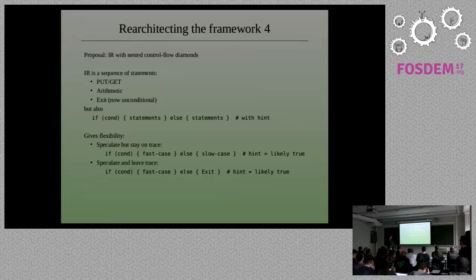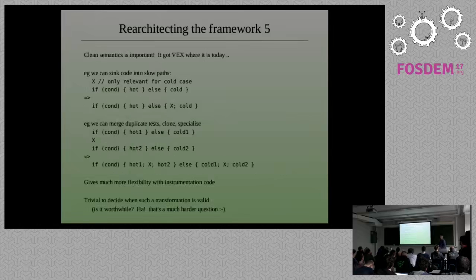So we can do some kind of transformations, maybe. For example, something that occurs quite often in the existing VEX framework is that you have to generate a piece of IR, which I've written just X here, and then it's followed by a side exit, which is almost never taken.